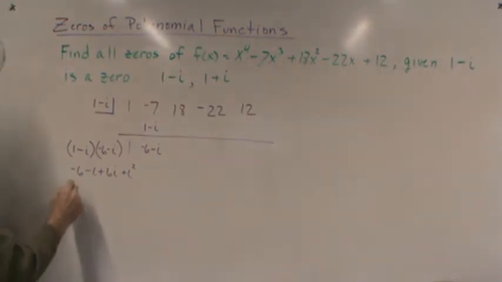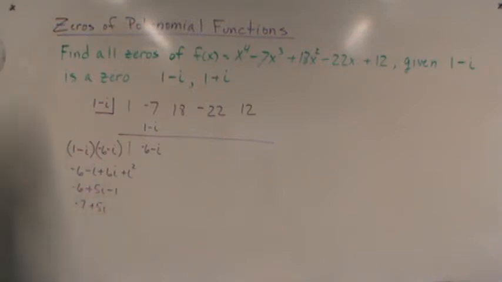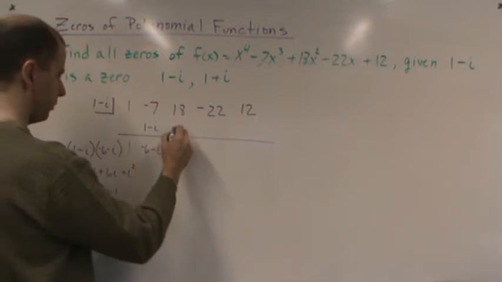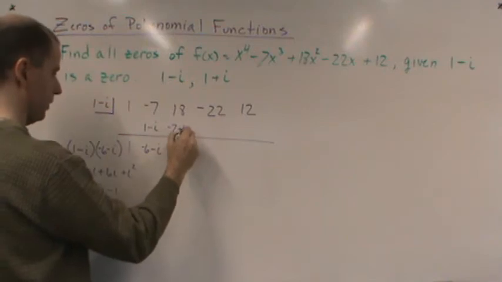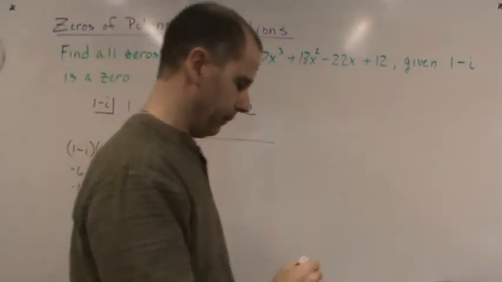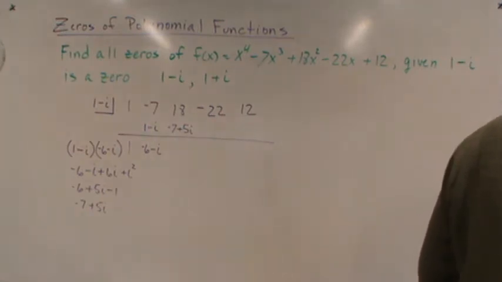And so this is going to give me a negative 6 plus 5i minus 1, which gives me minus 7 plus 5i. So I'm going to put minus 7 plus 5i there. Now make sure you check that that's correct.